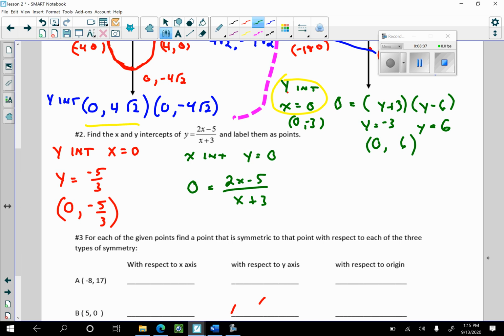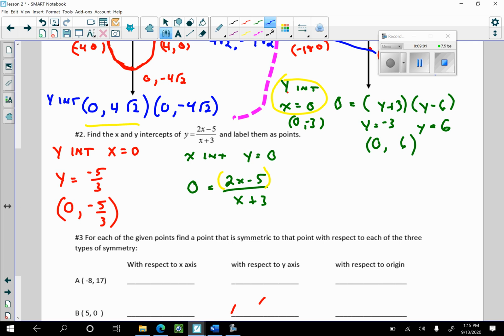X is not going to be negative 3. I want to solve this equation for x. And one thing I can think about, when is a fraction 0? When is a fraction 0? A fraction is going to be 0 when the top is 0.